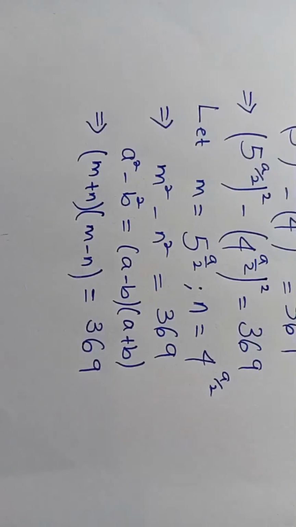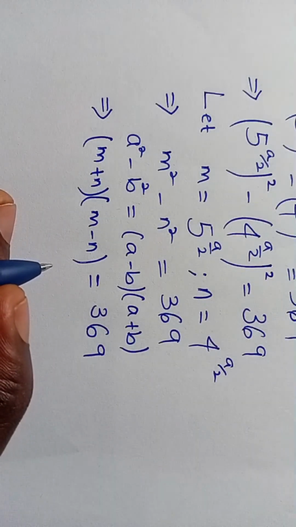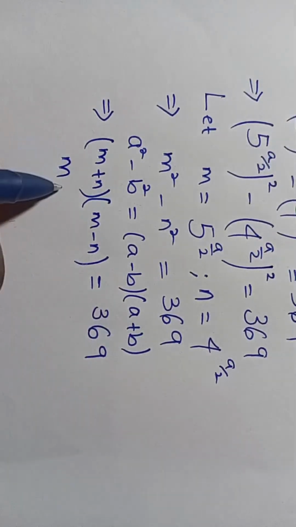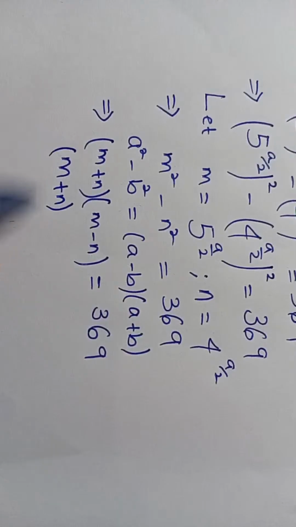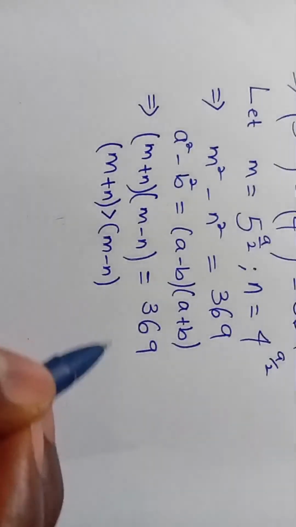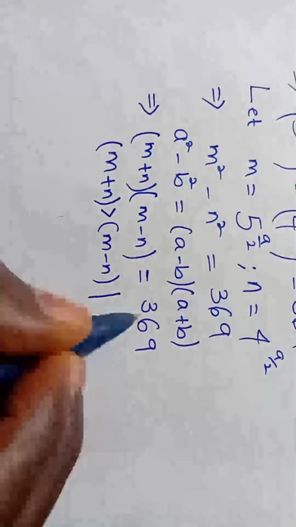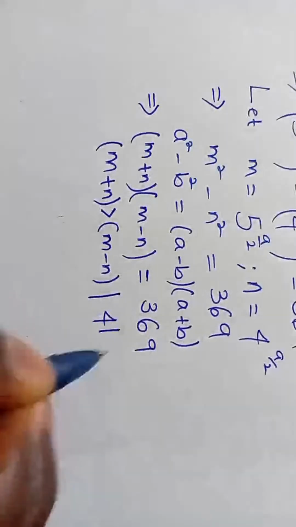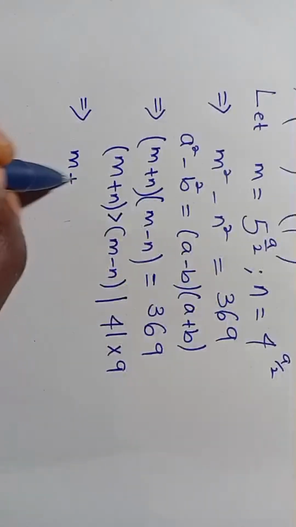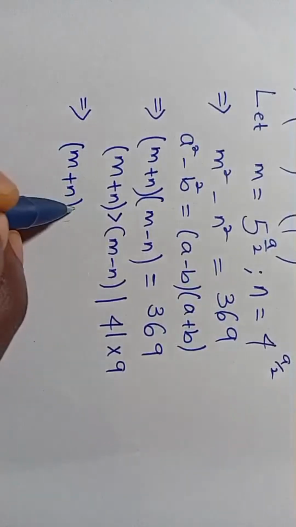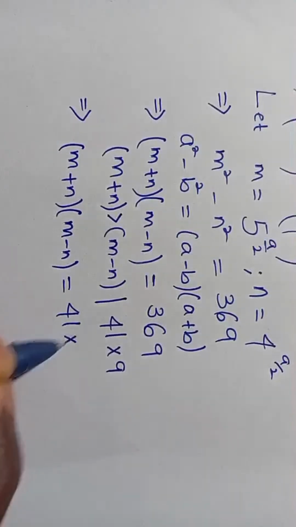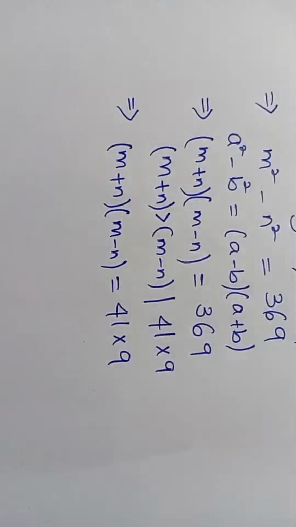So from here, we are going to have m plus n greater than m minus n. And again, 369, we can have it as 41 times 9. So this implies m plus n times m minus n will be equal to 41 times 9.